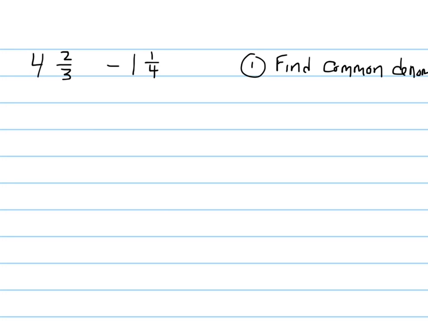Alright, let's look at a problem like this, where we have a mixed number. First thing I would do is find the common denominator, because there's 2 ways that this could be done. You need to really listen here, because we could start getting this wrong. So my common denominator is 12 between these. So I'm going to multiply by 4/4 here, and we could just forget about the whole numbers right now.